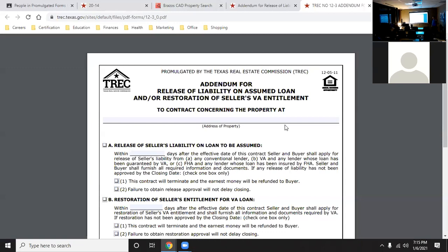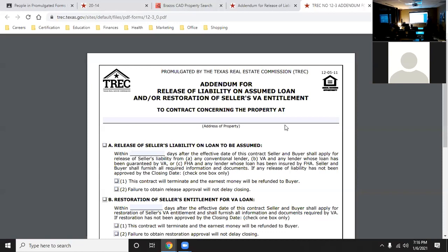Mr. Grossman has to get his restoration of his VA benefits so he can come purchase your house. Otherwise, he's got to use a regular conventional loan or FHA loan. And do you think it's a wise idea, Mr. Stahl, that he uses that? No, because what's the rate normally on a VA? Better or worse than a conventional? Better. Way better most of the time.